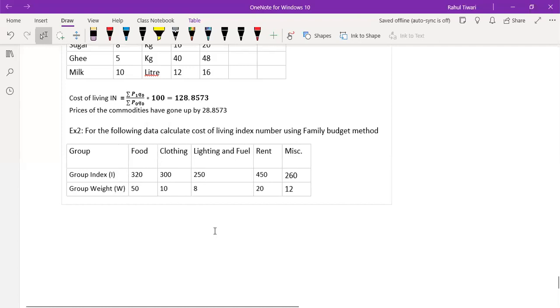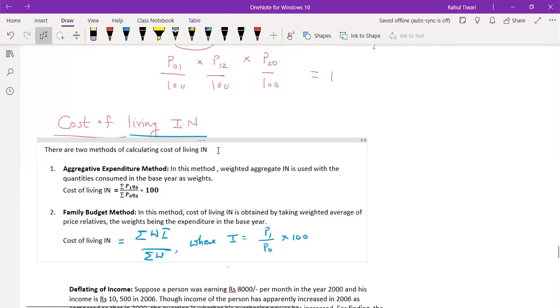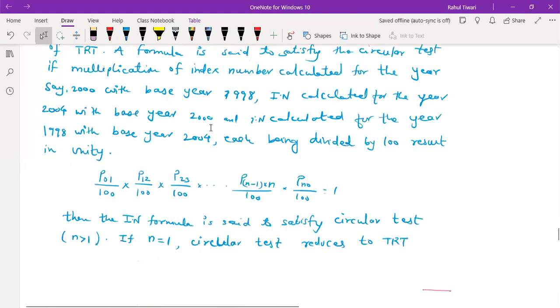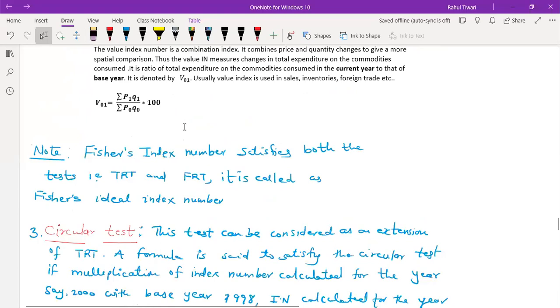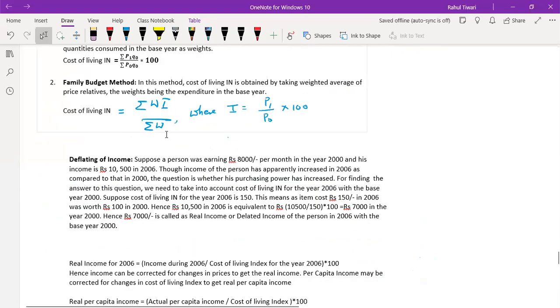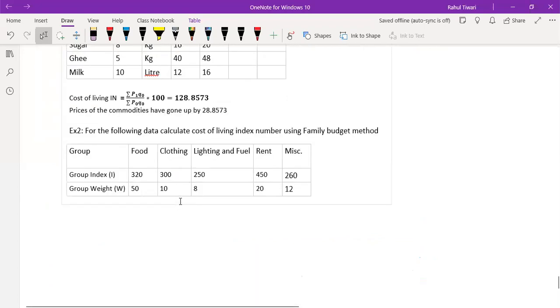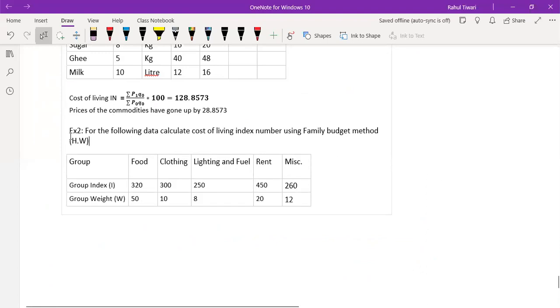You know the formula for the family budget method to get the cost of living index: summation of WI upon summation of W. So you can use it and get the answer. That part I'm skipping. So question number 2, keep it for homework. Tell me next time what your answer is.